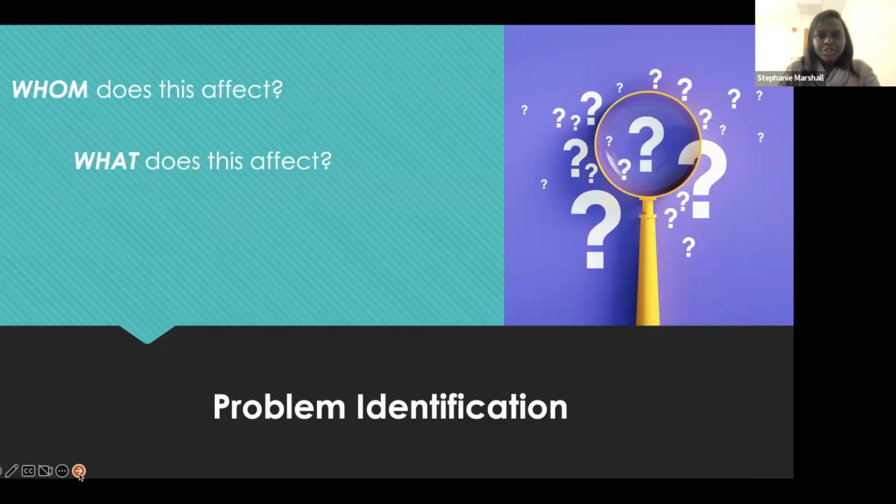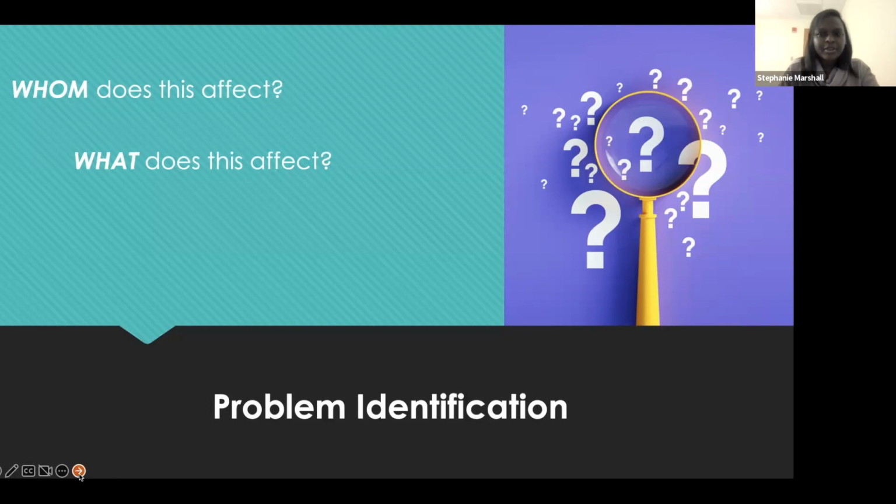And this is accomplished through a variety of additional steps, mostly maintained with a well-focused review of information that is already available, including journal articles, medical literature, webinars such as this one, and additional courses. And questions that are asked during this problem identification step include who the problem affects.